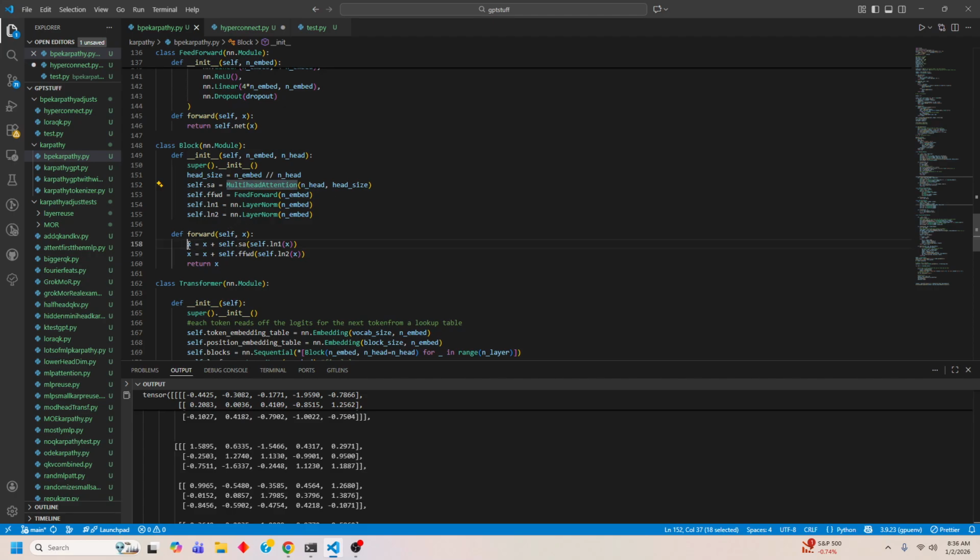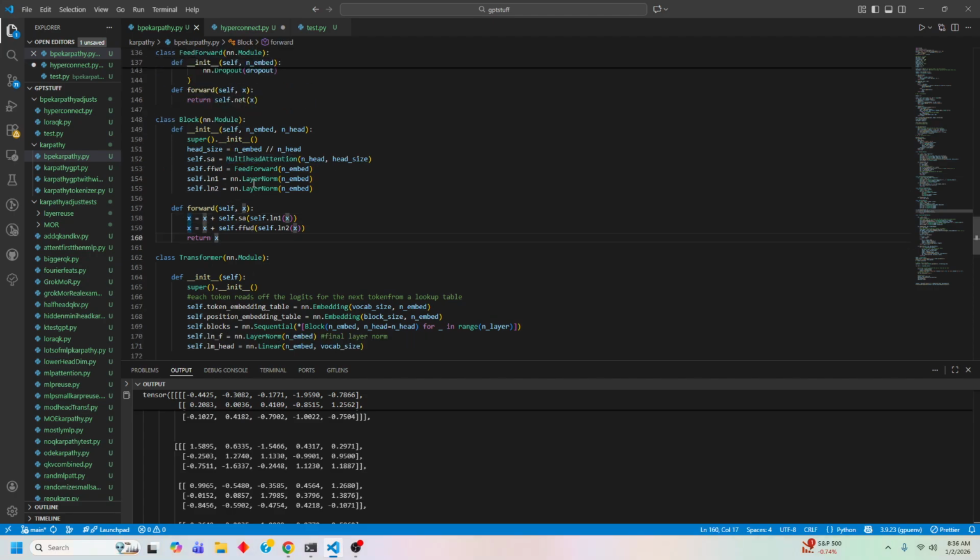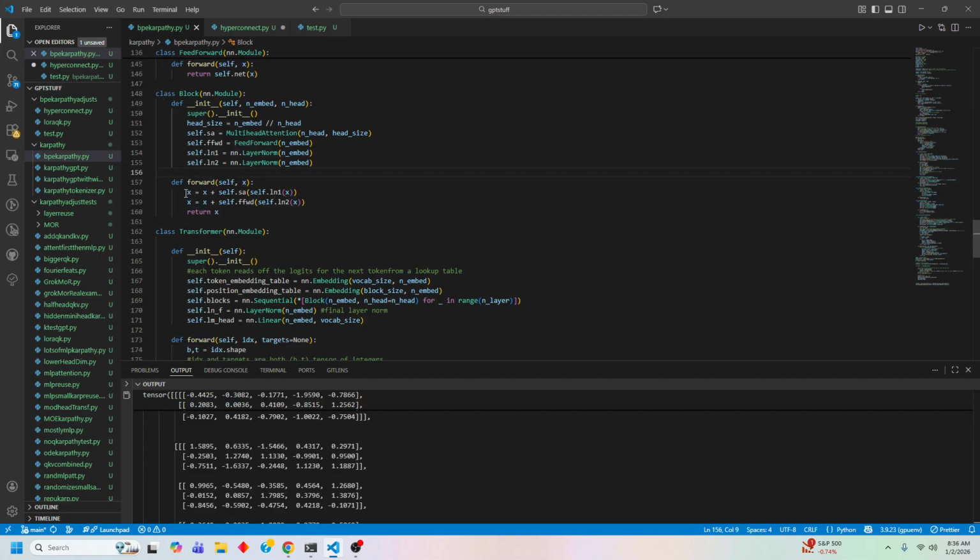Right here. So, inside the block, what you do is you take your input and you do the self-attention on it and add it back to the input to get the next piece.